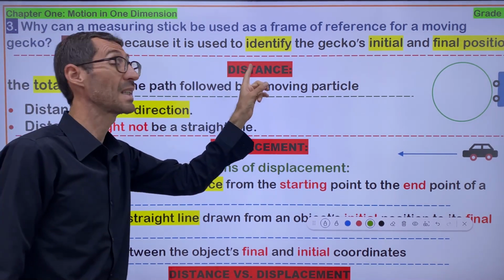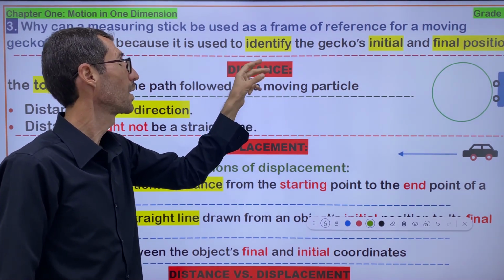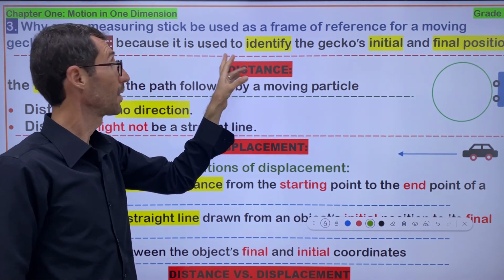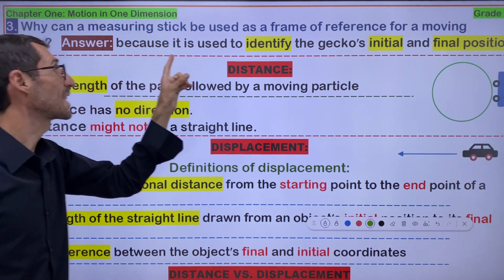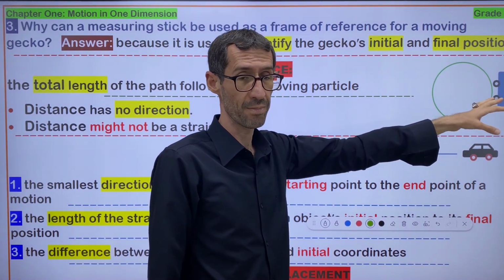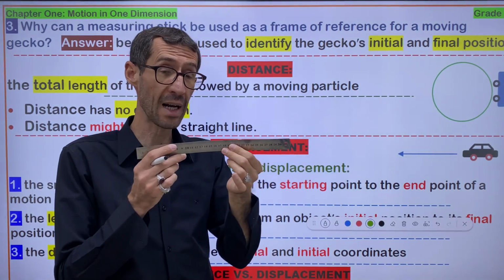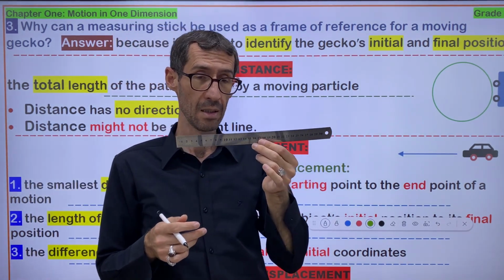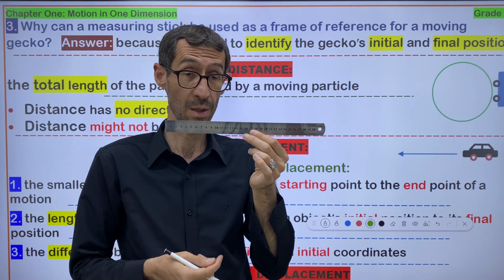Because it's used to identify. I highlighted this word because of its importance. Because it's used to identify the gecko's initial and final position. That's why a ruler and meter stick is very accurate, because it's marked in centimeters.